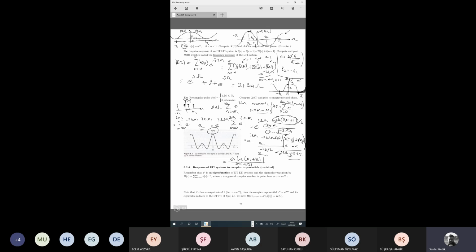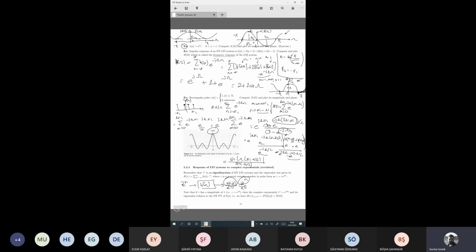So if you have z to the power n as the input to an LTI system defined by h of n, at the output you have h of z times z to the power n. This z to the power n is the eigenfunction, h of z is the eigenvalue. So the output is nothing but z to the power n multiplied with some number, which is h of z.